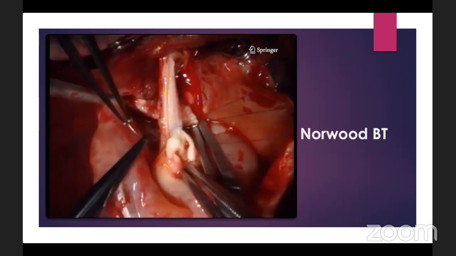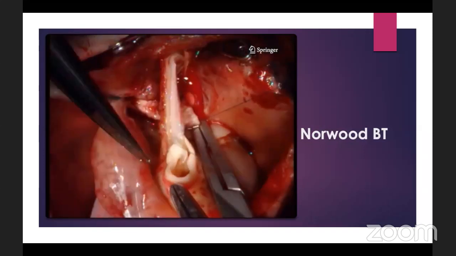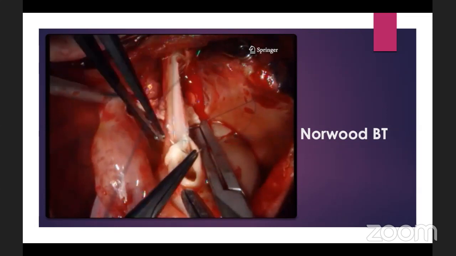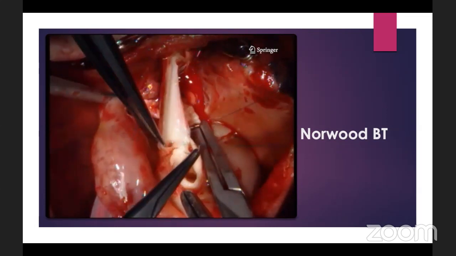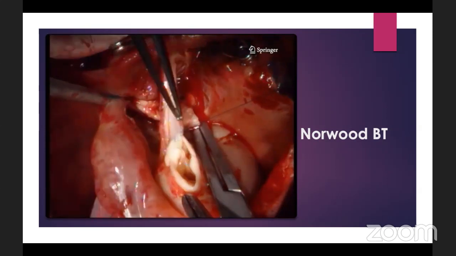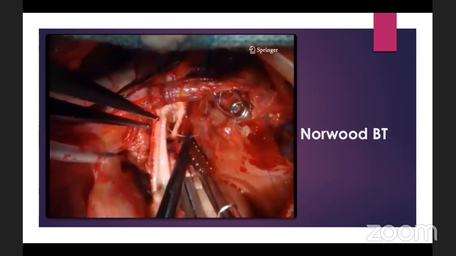So one has to be careful not to twist or kink this hypoplastic ascending aorta. Now it's being anastomosed to the pulmonary root, which will be the neo-aortic root. And this is known as the DKS component, or the Damus-Kaye-Stansel component of the operation.